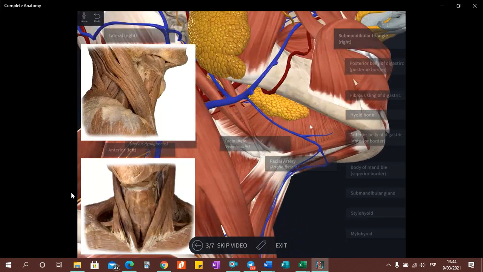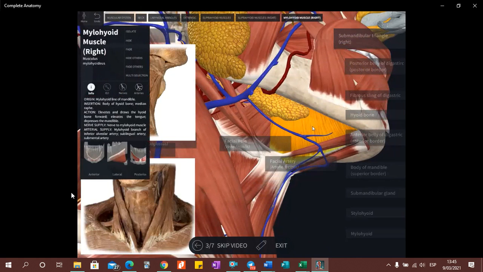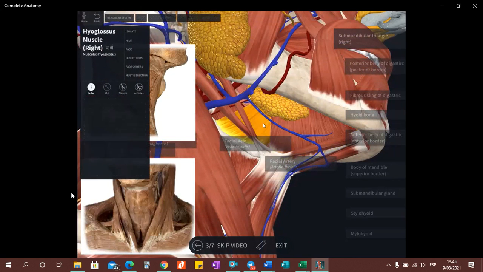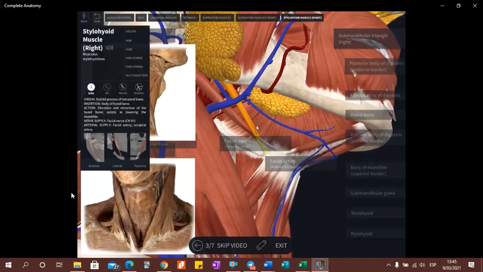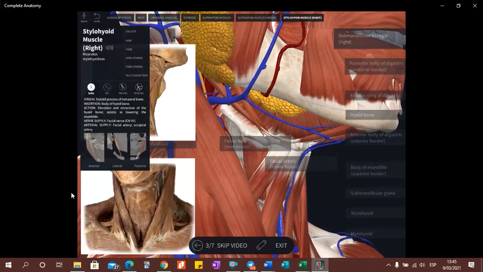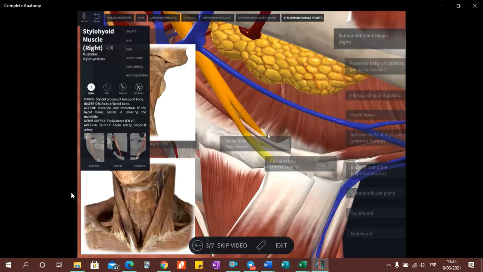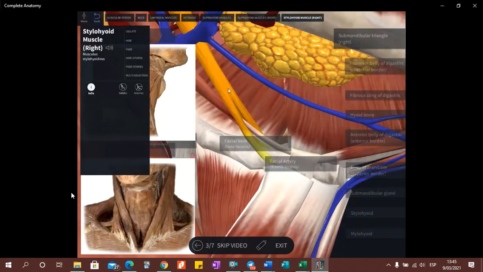If we zoom in a little bit here, we can see this is your mylohyoid muscle, and this is your hyoglossus muscle. You should also be able to find this muscle here, which is called the stylohyoid, because it comes from the styloid process and then attaches to the hyoid bone. You can see that it crosses right over the tendinous sling, or intermediate tendon, that connects the anterior and posterior digastrics to each other.